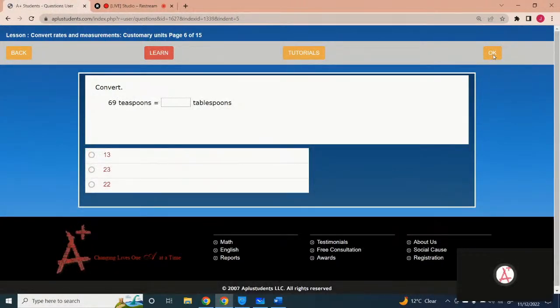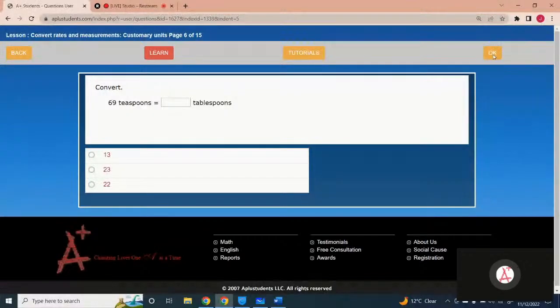Okay, 69 teaspoons equals how many tablespoons? In 1 tablespoon you have 3 teaspoons. So 69 teaspoons equals 23 tablespoons.